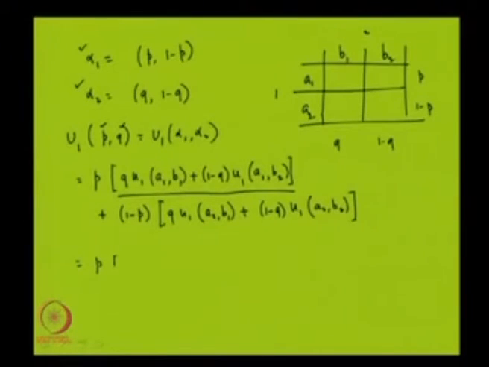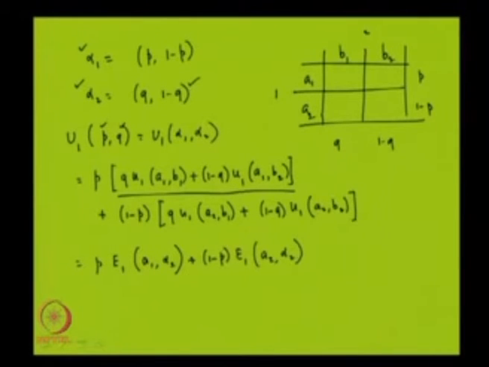So, I can write it in short form as expected payoff to player 1 if he plays A1 and player 2 plays alpha 2, which is this mixed strategy, plus the expected payoff to player 1 if he plays A2 and player 2 sticks to his mixed strategy alpha 2.